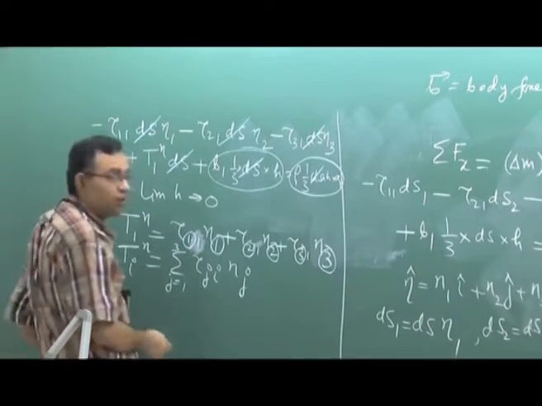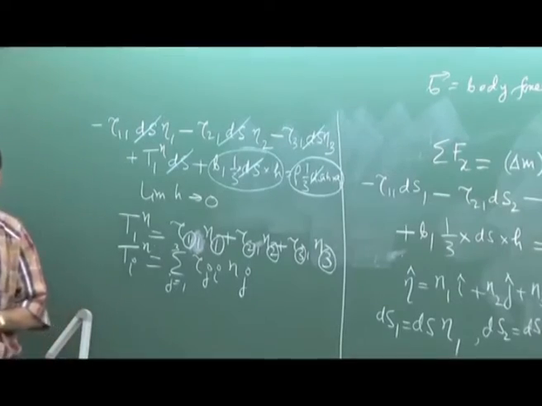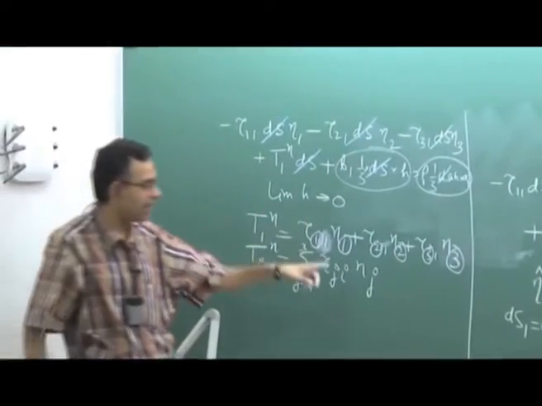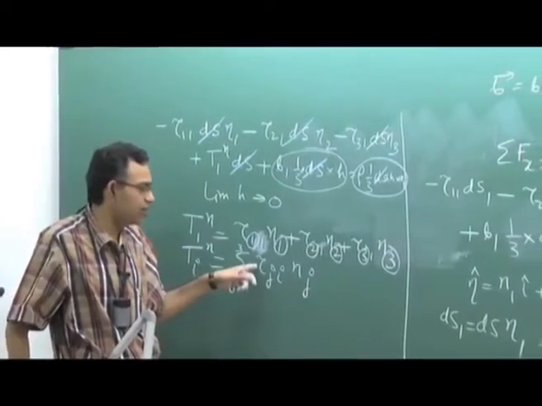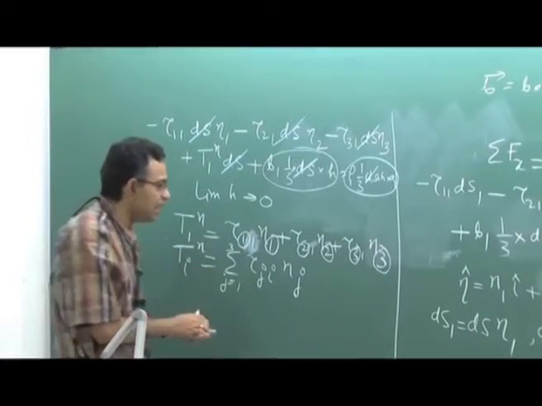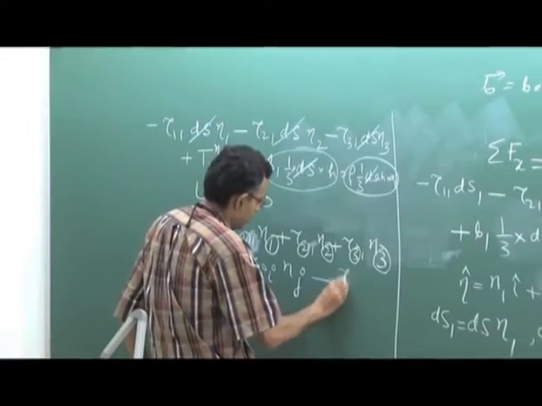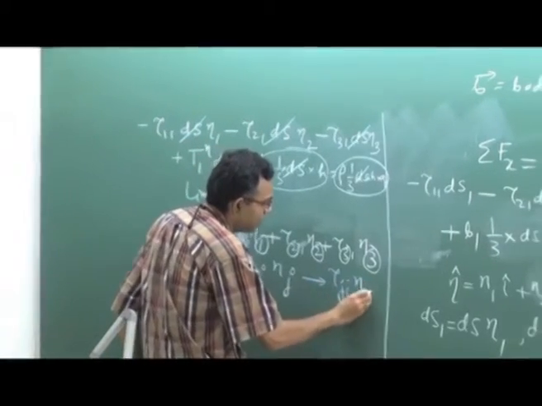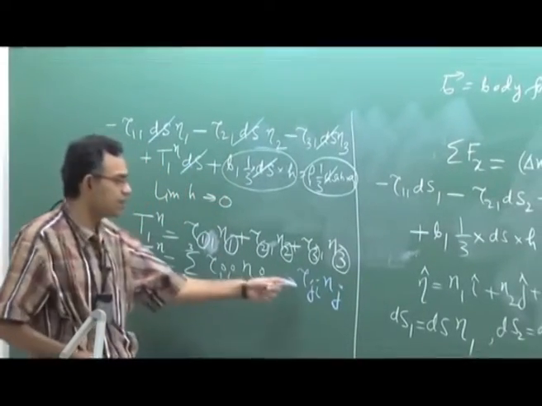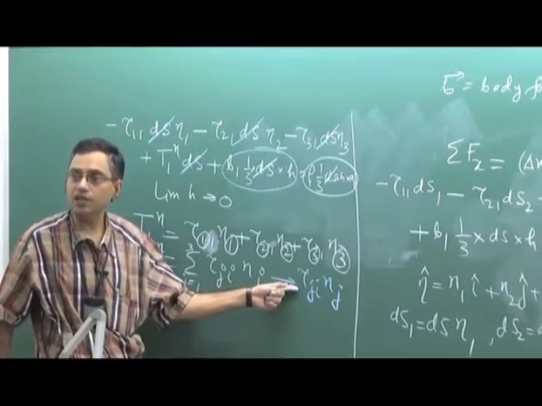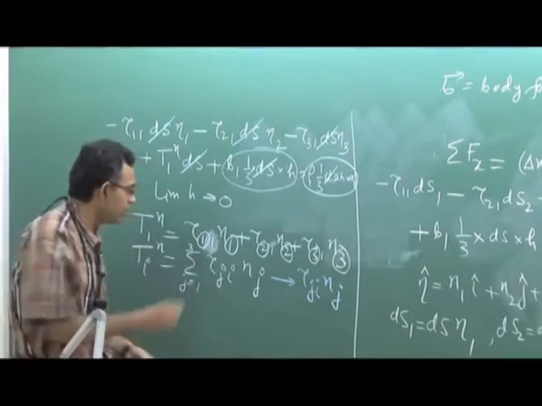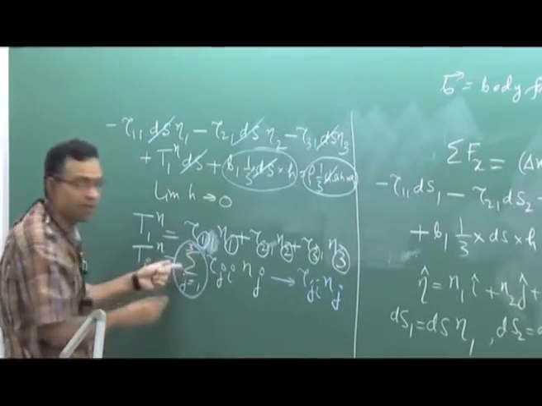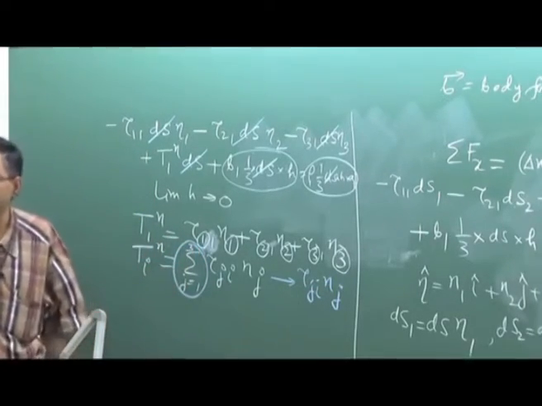Einstein introduced a notation where, when there is a repeated index like this, we will not use the summation, we will just write it as tau ji eta j with an invisible summation. Summation is not written, but because there is a repeated index, the notation is that we will always consider a summation over the repeated index.